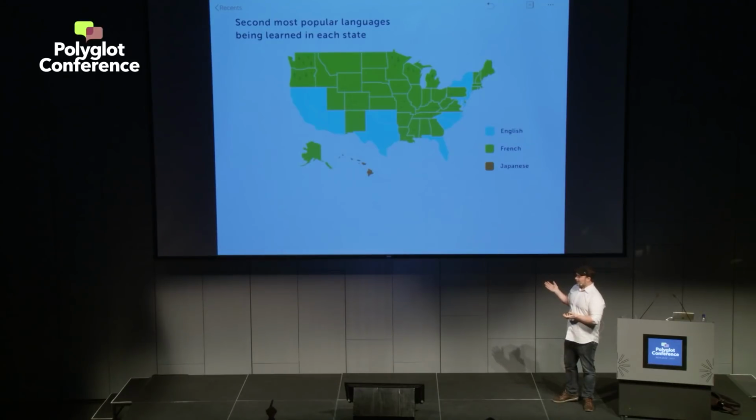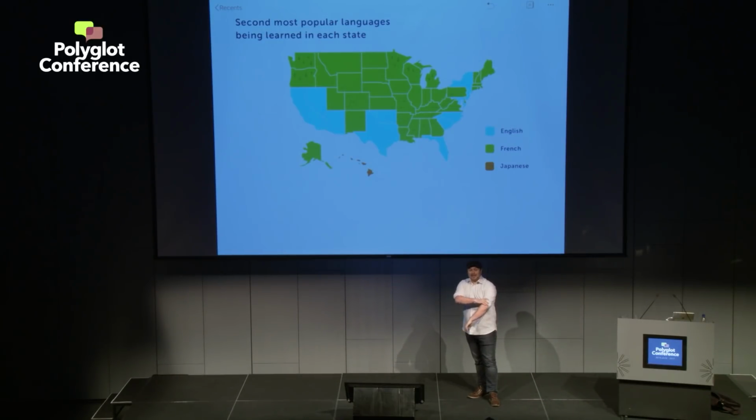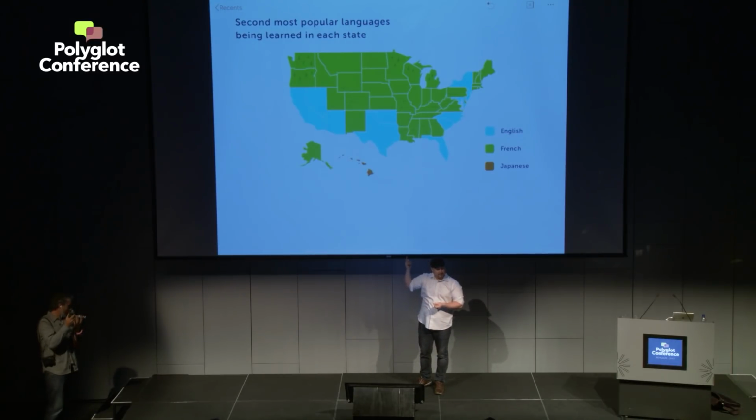And this is something that a lot of businesses have been starting to realize. And data scientist is one of the most in-demand jobs in the world right now. You can leave university starting with a six-figure salary because of how useful it is. If you analyze this stuff, show it to people who are running the companies, and you have proof that in Hawaii, Japanese is a popular language to learn.